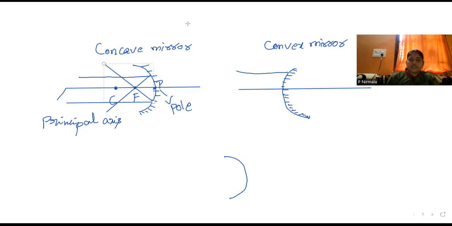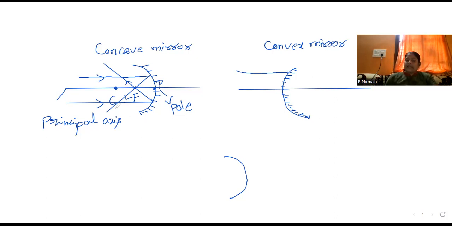All the reflections meet at one point, and that point is called the focus point. This is asked many times in your previous question papers. What is the focus point? The focus point is a point that lies on the principal axis, where all the reflected rays meet at one point on the principal axis.